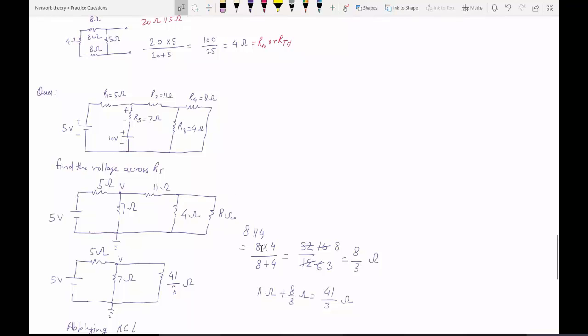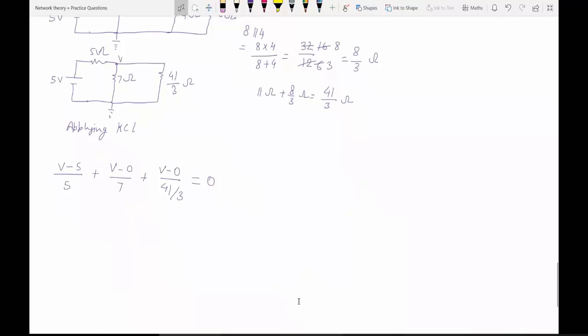So it is correct, I think. 2 upon 12 and 8 upon 3. Yeah. Okay. It is correct. So V minus 5 upon 5 plus V upon 7 plus 3V upon 41 is equals to 0.